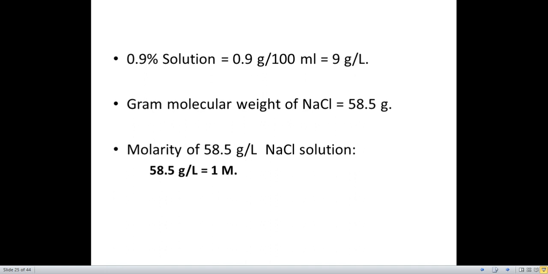Now 0.9% solution is equal to 0.9 grams per 100 ml is equal to 9 grams per liter. Gram molecular weight of sodium chloride is equal to 58.5 grams. And molarity of 58.5 grams per liter sodium chloride solution is equal to 1.